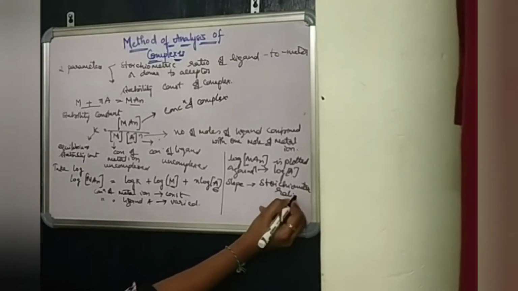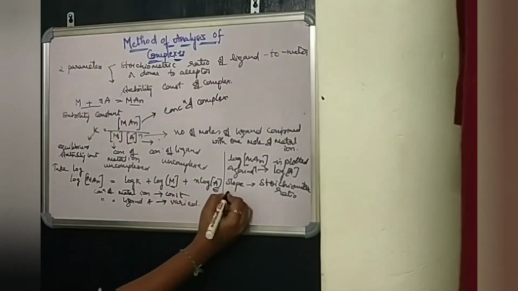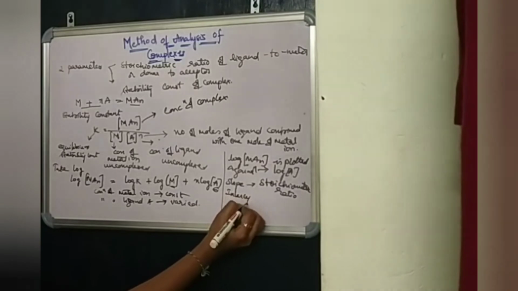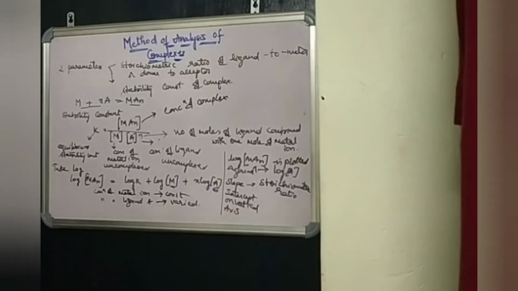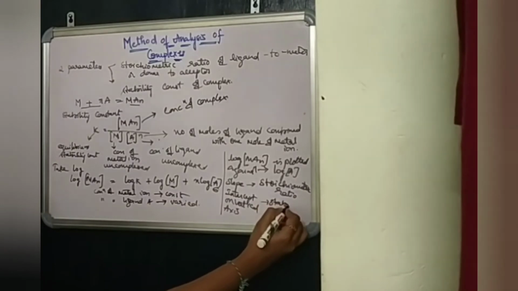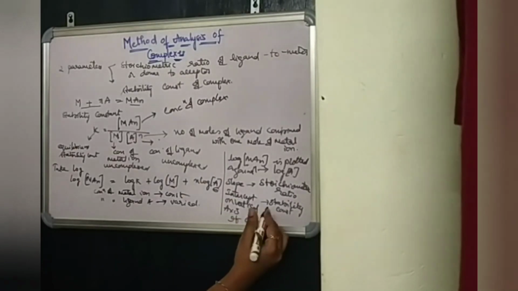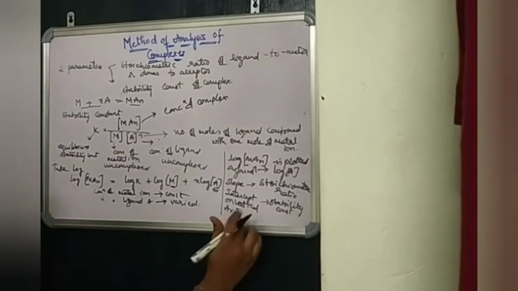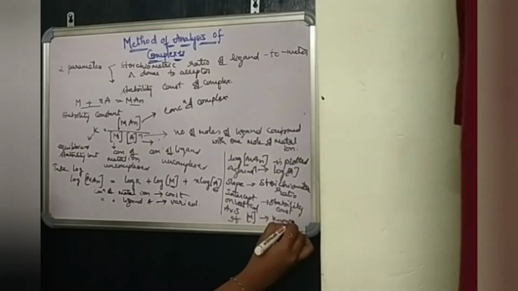The slope of the line yields the stoichiometric ratio, and the intercept on the vertical axis yields the stability constant, if the concentration of metal ion is of a known quantity.